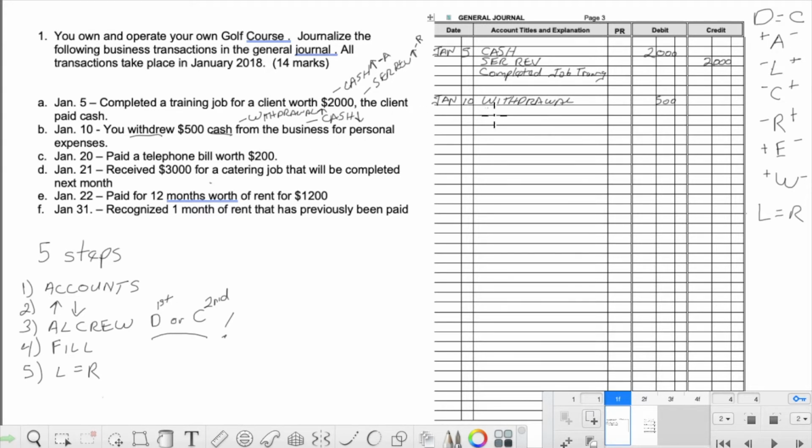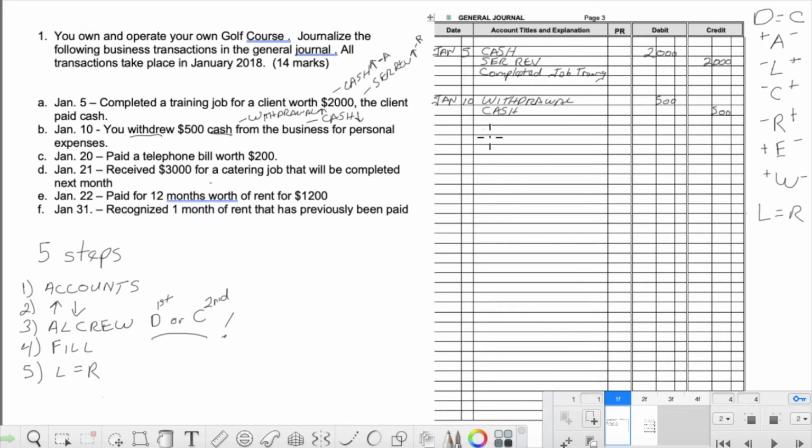And then the next one is cash. And it's a credit, so it goes on the right-hand side. Again, having this here is very helpful. Good. Are we done? No, we have to do the explanation, right?